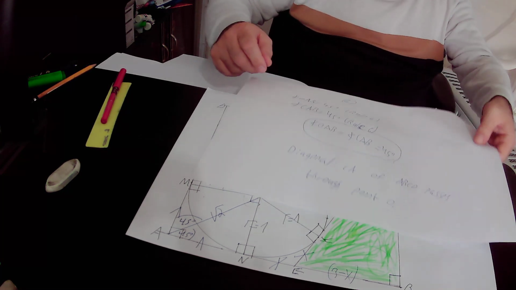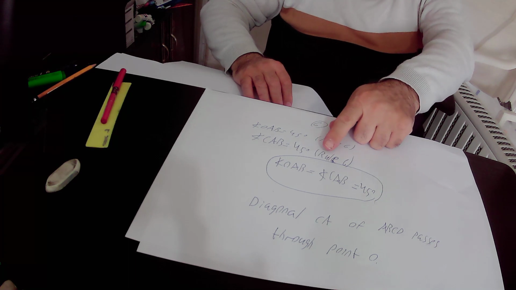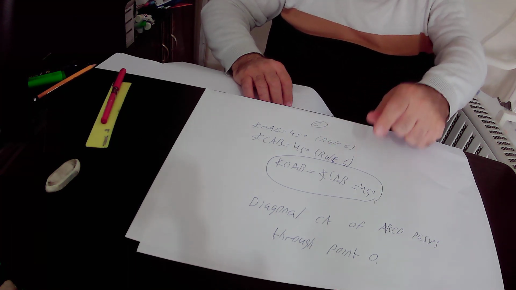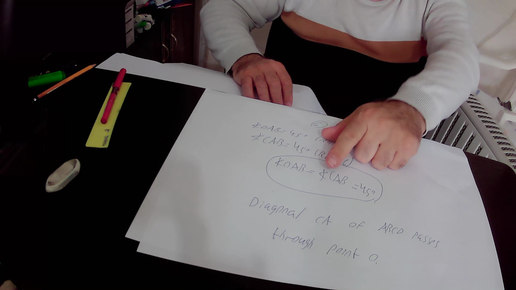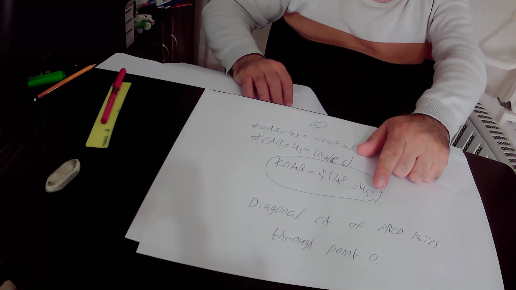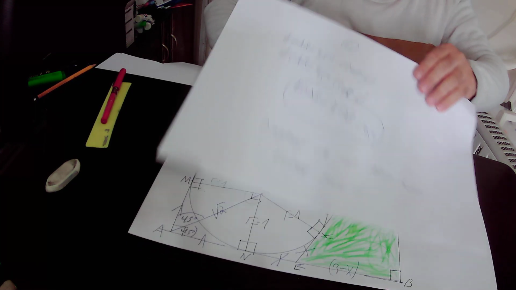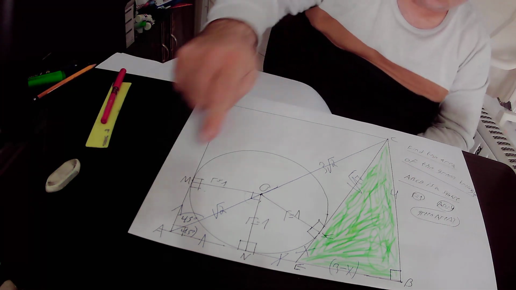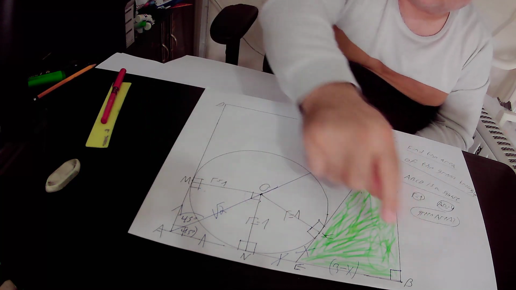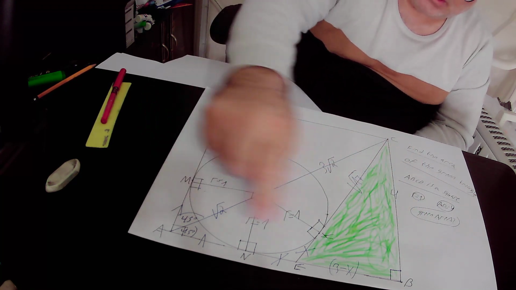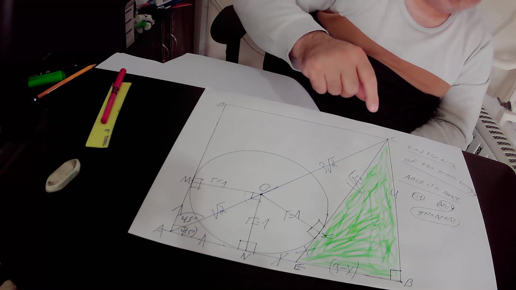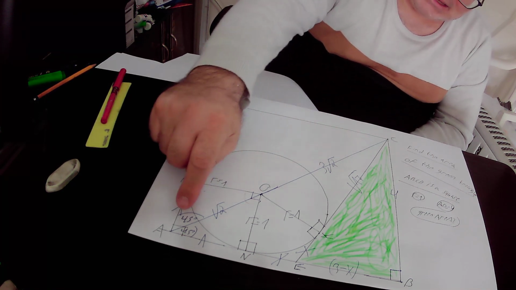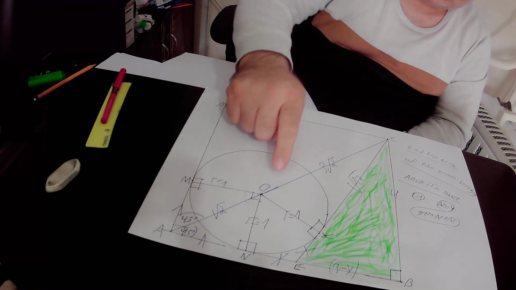And because those two angles are equal to each other, we'll conclude that the diagonal CA of square ABCD passes through point O.